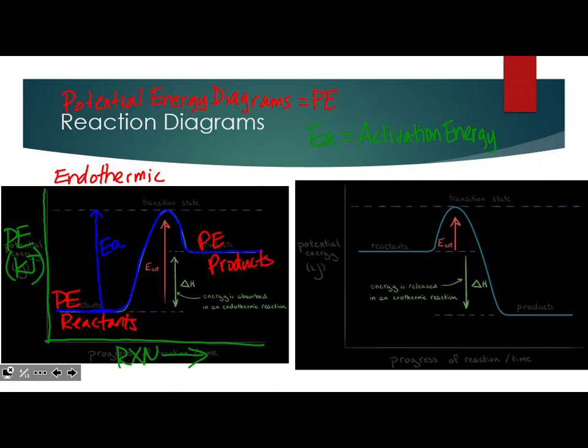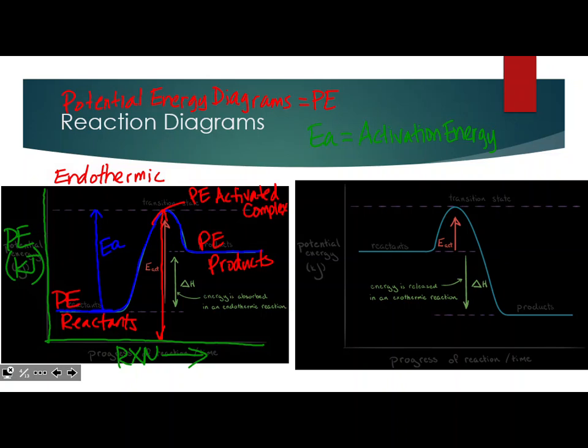Now, another thing to note here: this all the way down to the bottom here is known as the energy of the activated complex. The activated complex is a transition state, and at the top of the hill, in that particular part of the graph, the bonds are breaking and bonds are forming.